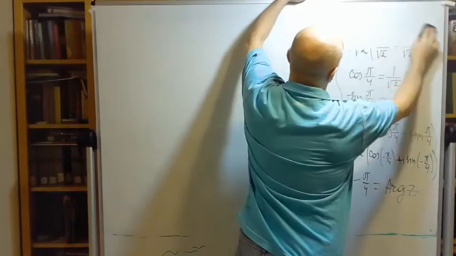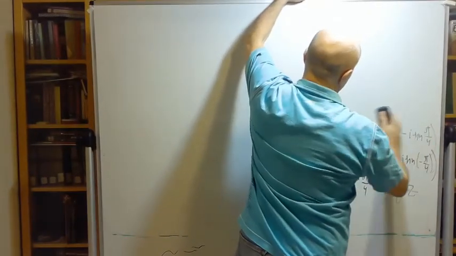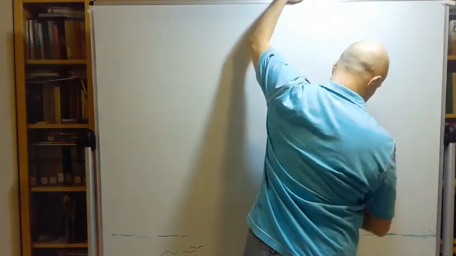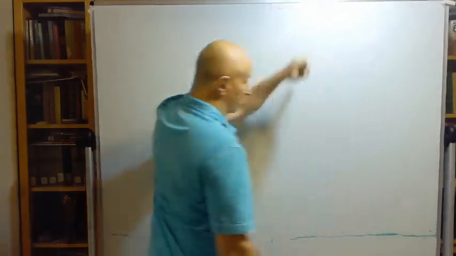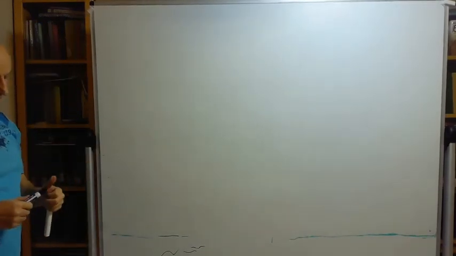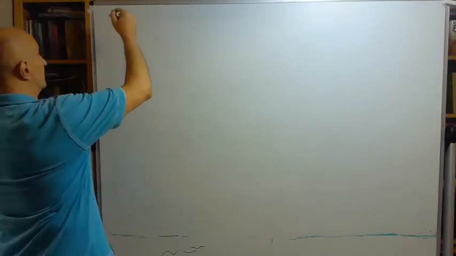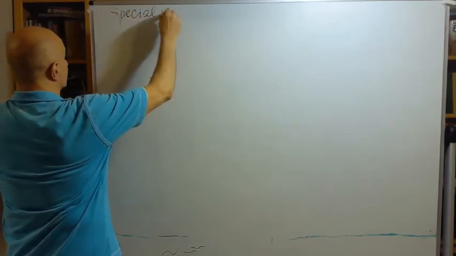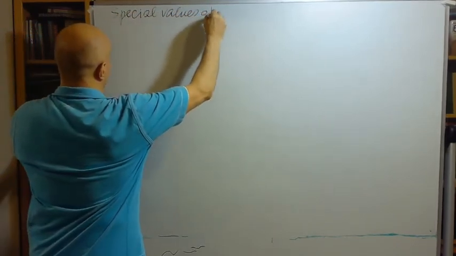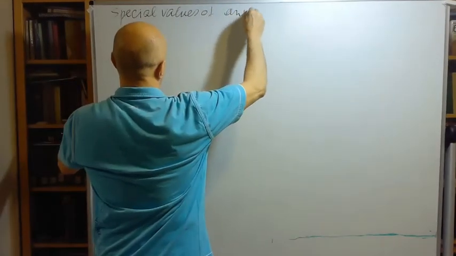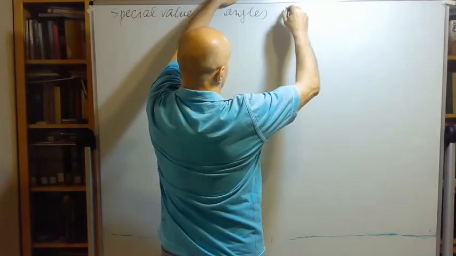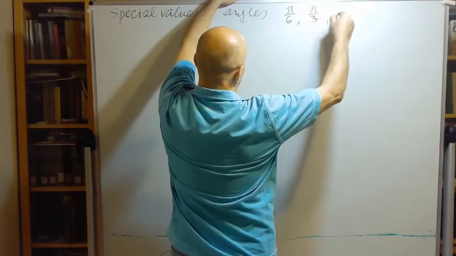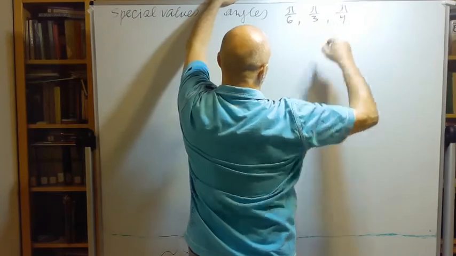Sometimes you don't have the special values, like here I had pi over 4, and I suggest that you know the trig functions for special values of angles, which are pi over 6, pi over 3, and pi over 4.